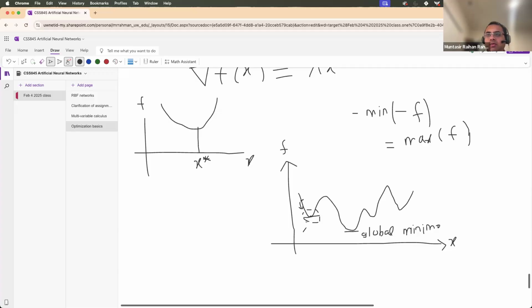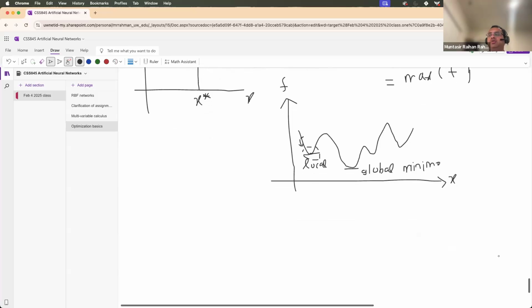So this is what we call a local minima. That's an important idea, because when we are optimizing a function using iterative methods, we might start here and converge to this point, but it's going to be hard for us to jump back and converge to a global minima. So we need to understand the difference between local and global minima.